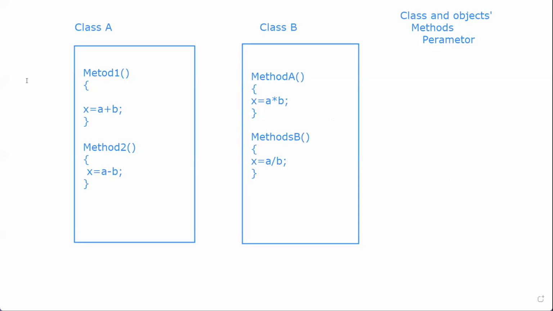Now, when does the concept of parameters come into the picture? Basically, parameters are variables, and they come into the picture when there is a data sharing concept. What is the meaning of data sharing? Here, method one is trying to find the addition of two given numbers. After finding the addition, probably what I will do is take a separate class.